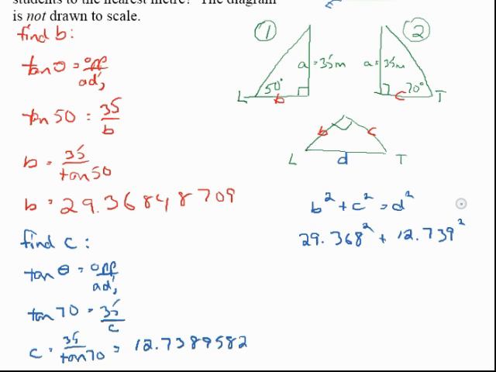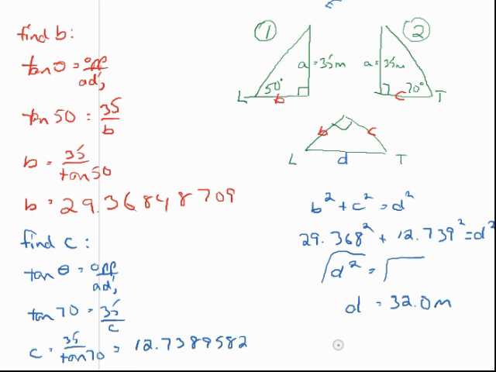But you need to use the full number in your calculator so that you're not going to have a rounding error. And this equals D squared. So I get D squared equals something. I didn't write it down. And then I take the square root of that, and D equals 32.0 meters.